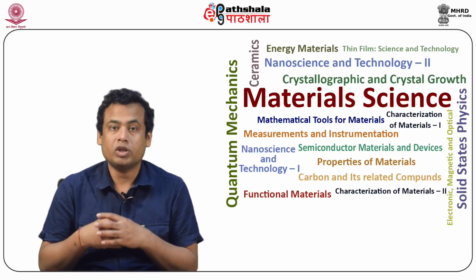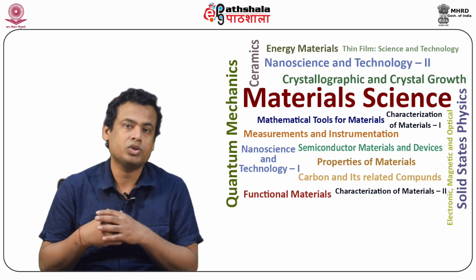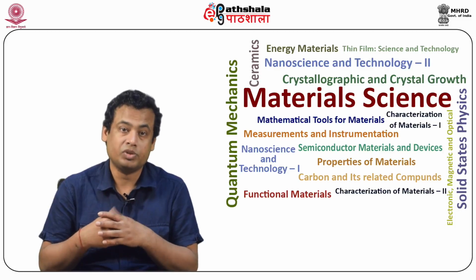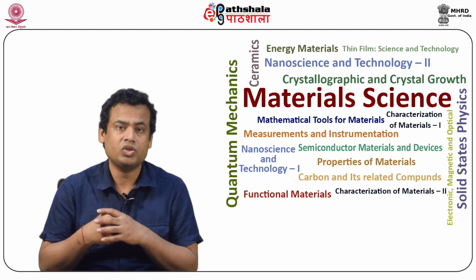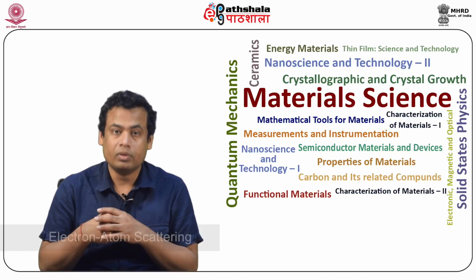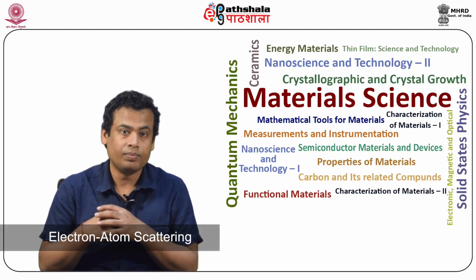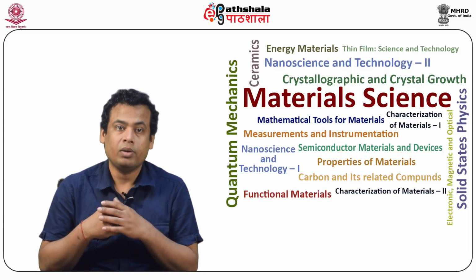Each type of possible interaction of electrons with a material of certain cross section depends on the number of electron atom scattering events and beam energy.